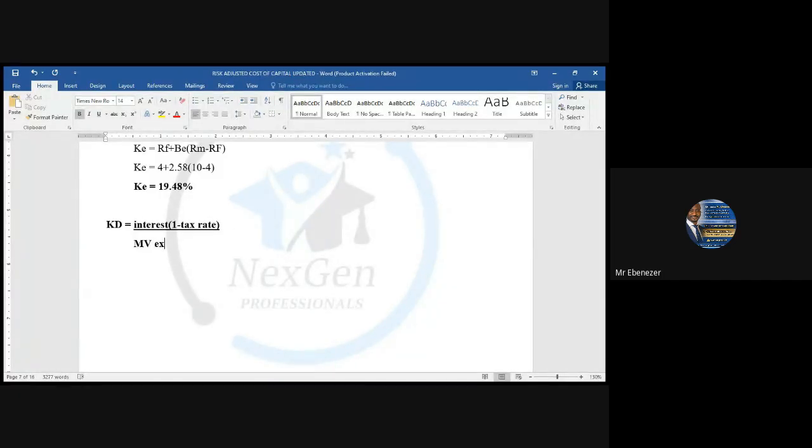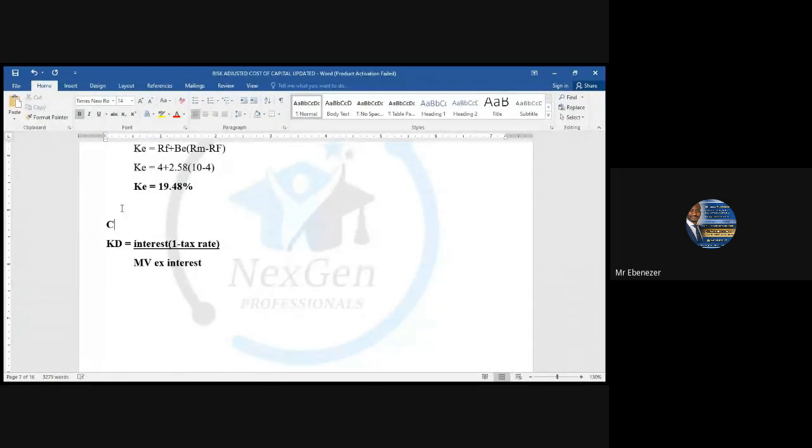Interest rates vary, so it's fine. But we want to actually prove something here. So let's check. This is the last question, I think the C part of it.